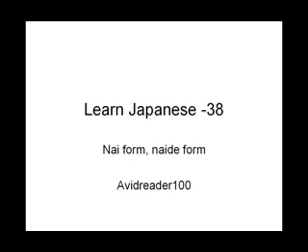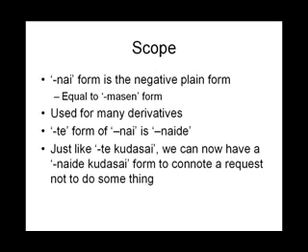In this lesson, you will get introduced to the informal negative form, or the nai form, and the te form of this informal negative, the naide form. The nai form is the negative plain form. The polite form was seen as the masen form.